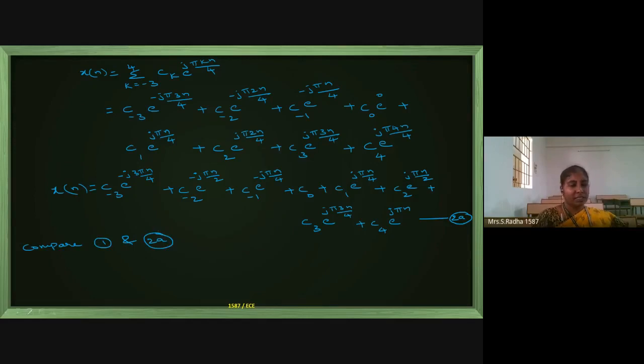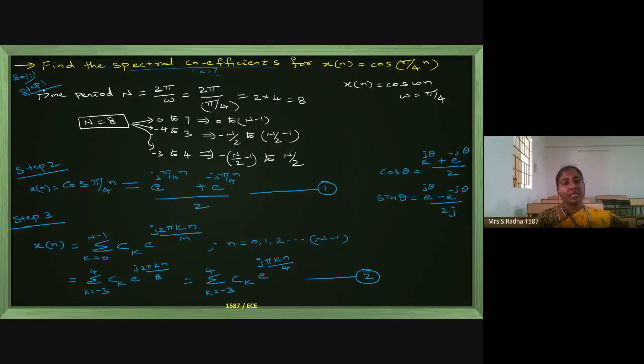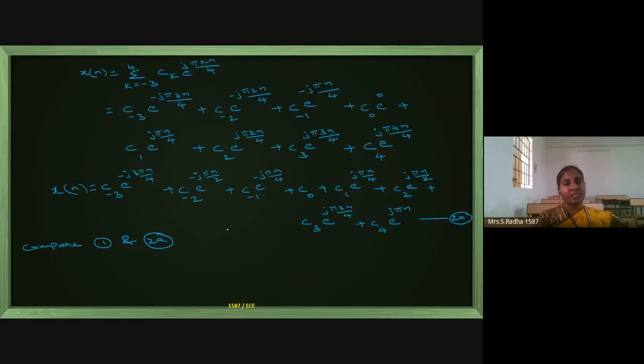So what is my intention? If you see in equation 1, e power j pi by 4 n is there, e power minus j pi by 4 n is there. In equation 2a, where is that present?